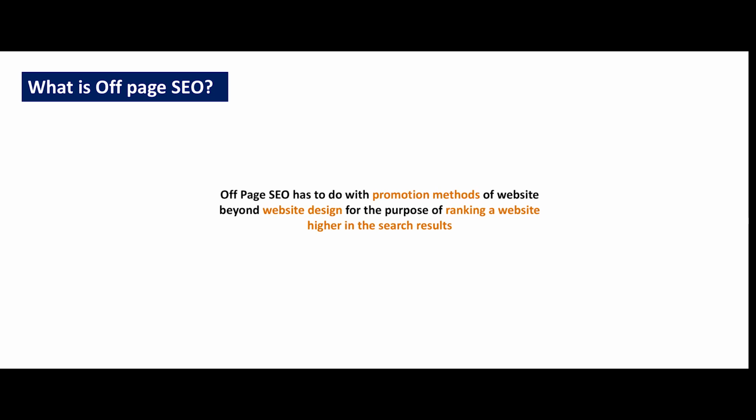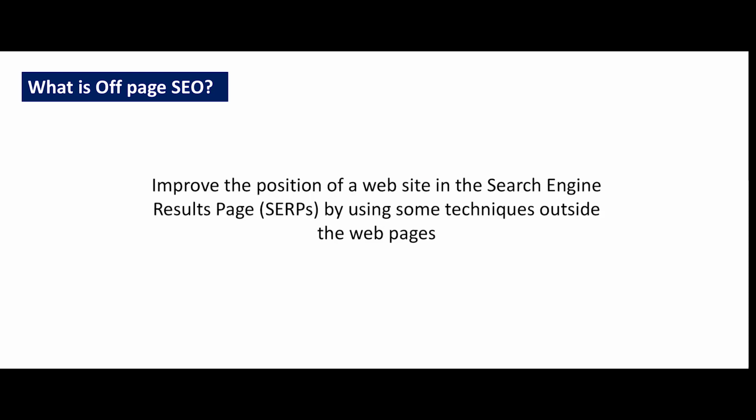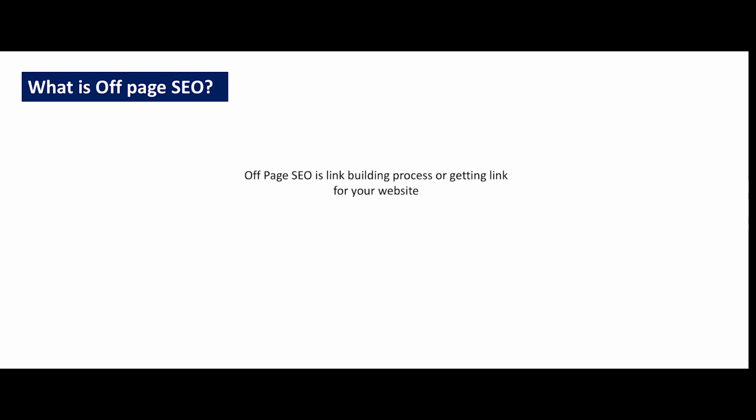What is off-page SEO? As I already discussed, off-page SEO has to do with promotion methods of a website beyond website design for the purpose of ranking a website higher in the search results. In simple words, off-page SEO refers to techniques that can be used to improve the position of a website in a search engine result page by some techniques outside the web pages.